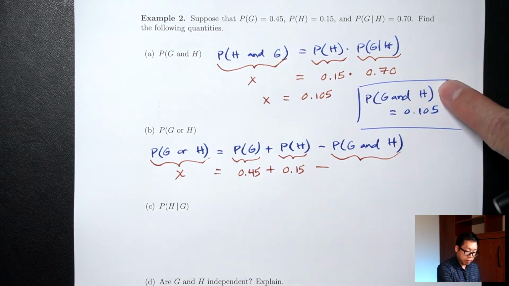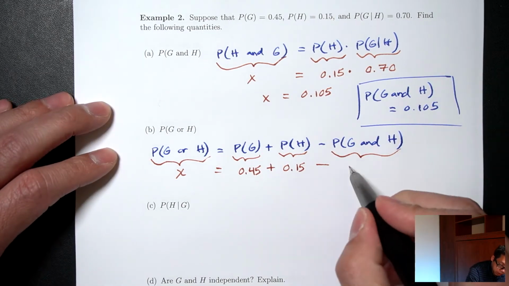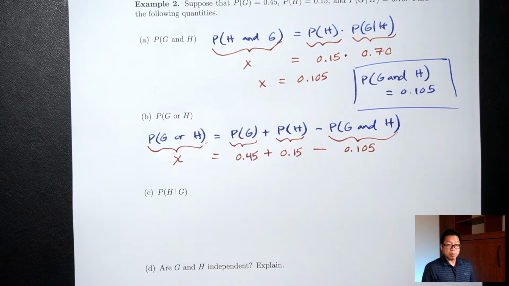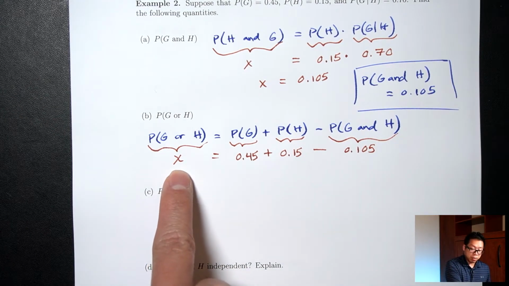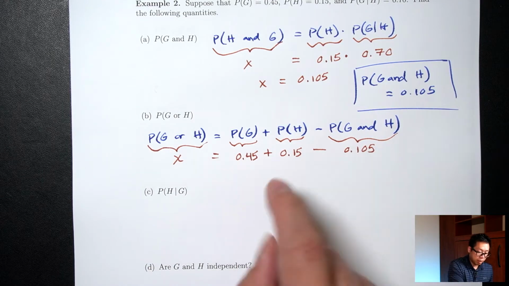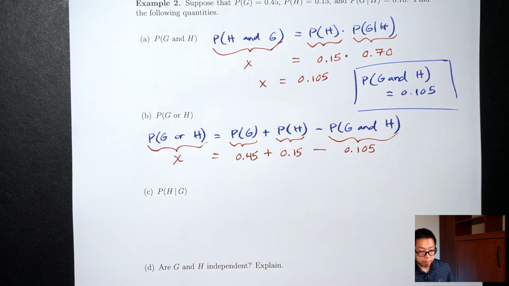Well, we just found it, and we said it was 0.105. So that goes there. Get the X by itself. The X is already by itself on the left side, so all we need to do is do the stuff on the right side. So that's just going to be 0.45 plus 0.15 minus 0.105, which is 0.495.